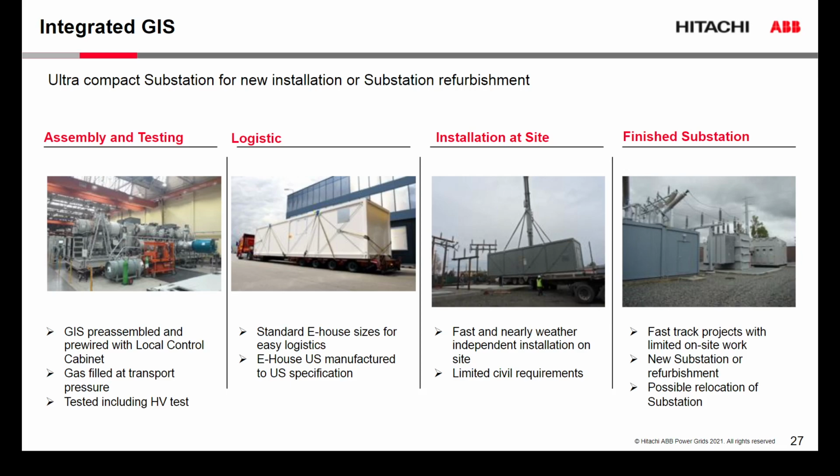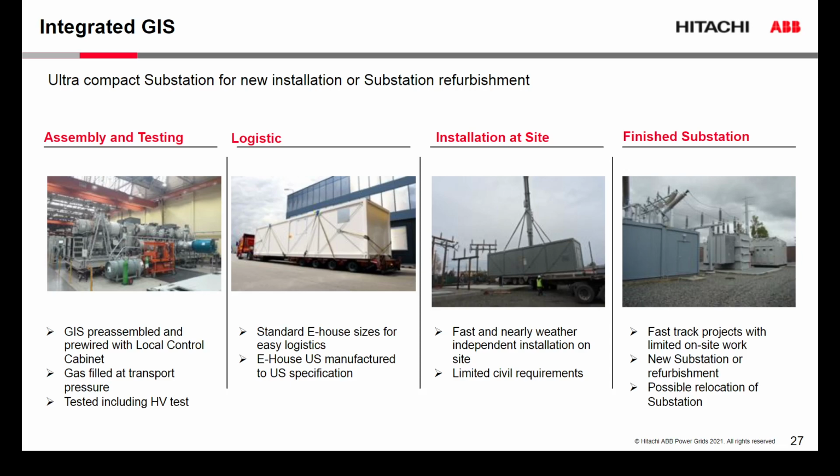Where you typically have a lot of civil requirements in a conventional substation with installing foundations for each breaker, each disconnect switch, for each instrument transformer, or where you build a housing for the GIS. In this case, the housing is actually your transport cover, or your transport cover is the housing.